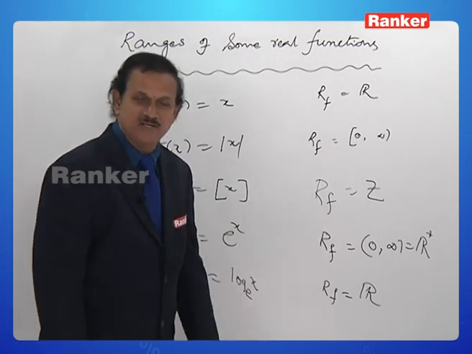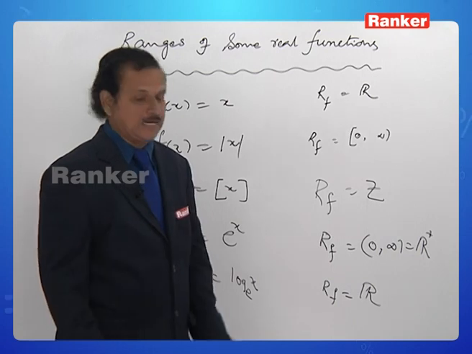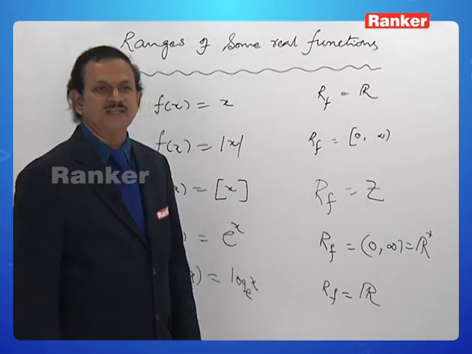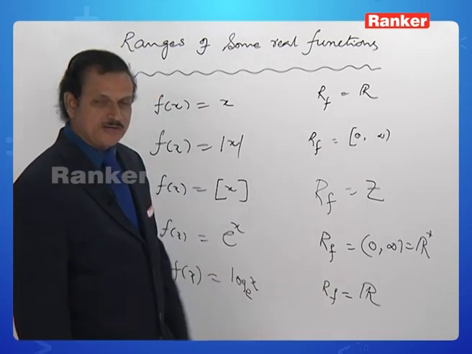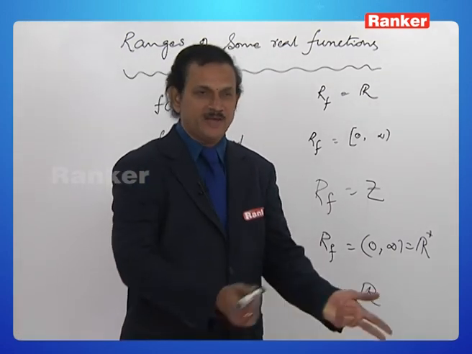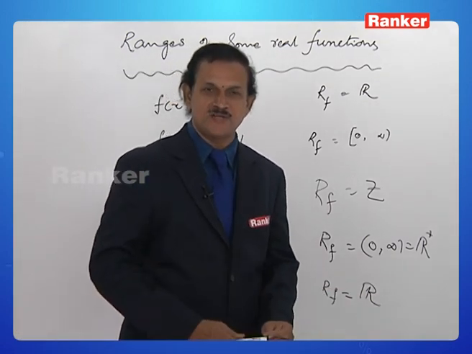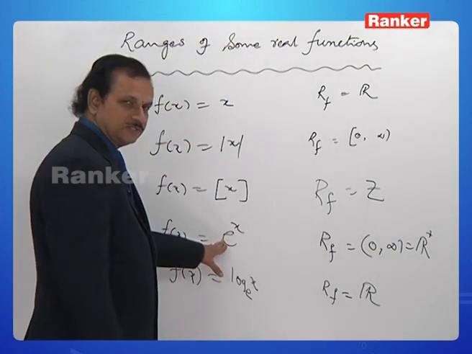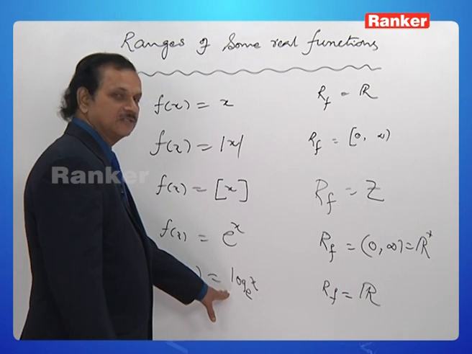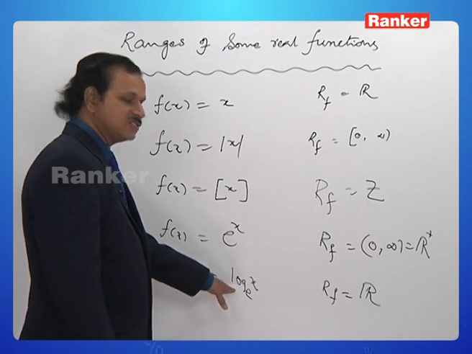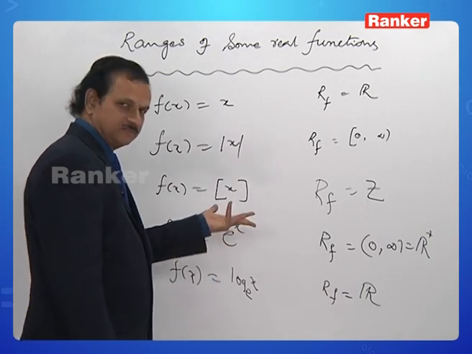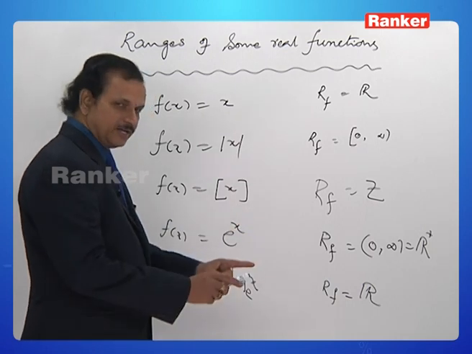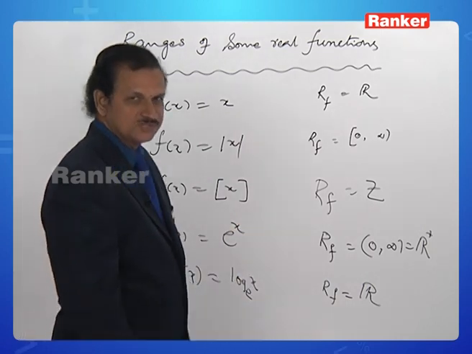Like that, we can declare that in these particular domain and range, they are perfectly invertible. Notice that the domain of e power x is the range of log x. Domain of log x is the range of e power x. That is why they are invertible, mutual inverses.